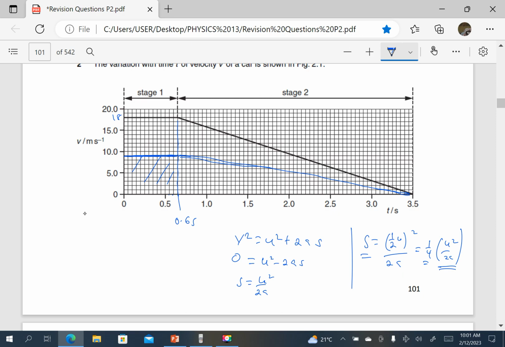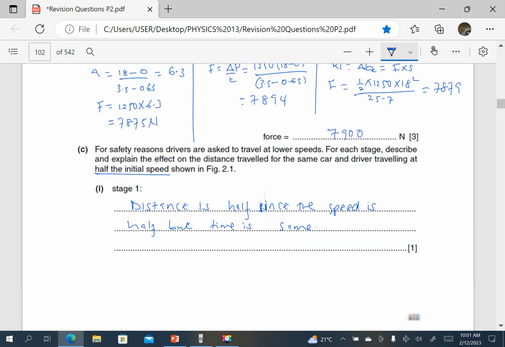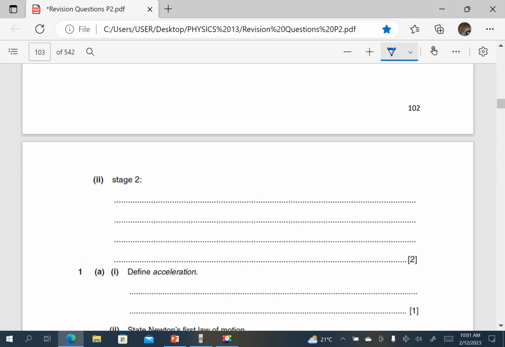That's what it means. Therefore, here we are simply going to say that the acceleration is the same.